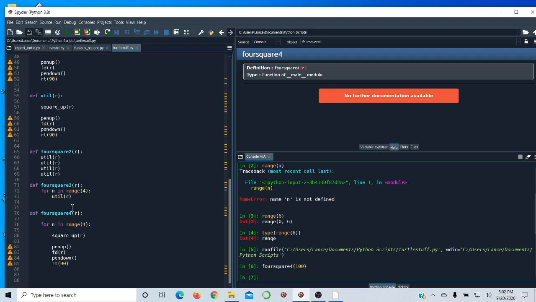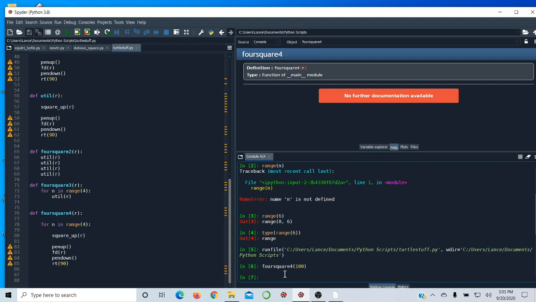So in our last version here, 4 square 4, for n in range 4, it's going to go around the loop 4 times, and then this whole block gets repeated. So I can just copy that whole block that I want repeated in there, and it will draw it. Okay, so that should do it.